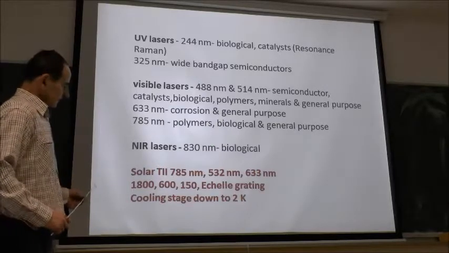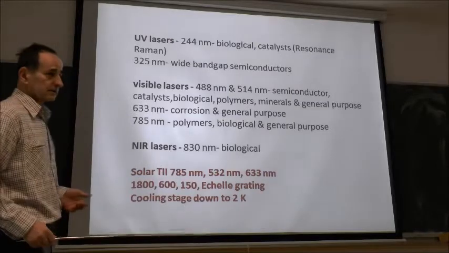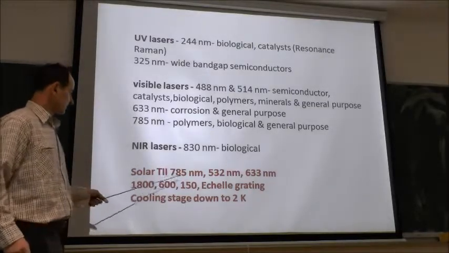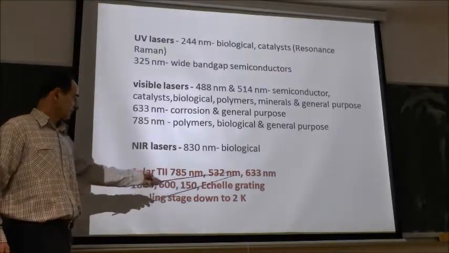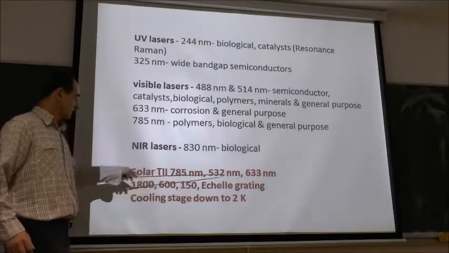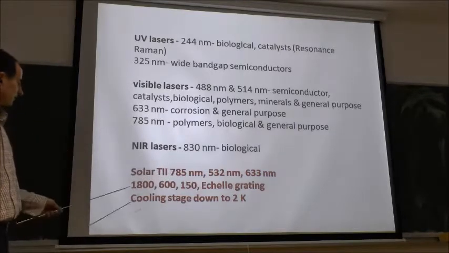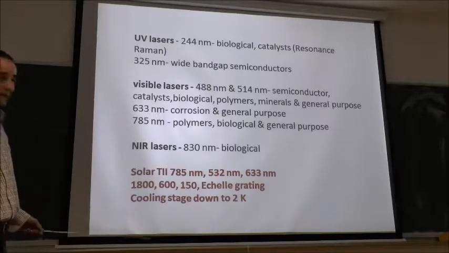For our instrument, we have three laser lines. This is 785, 532, and 633 nanometers. 532 and 633 are in the visible range. 785 is infrared. There are also four gratings.